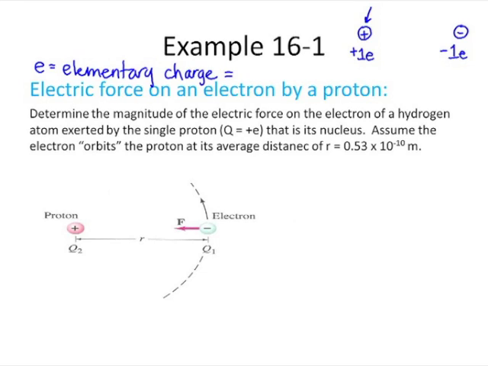So e is a number that is equal to 1.602 times 10 to the negative 19 coulombs. So that's a really, really small number.